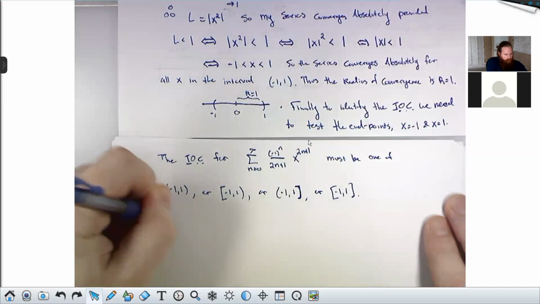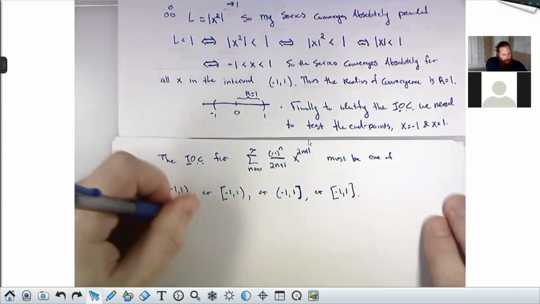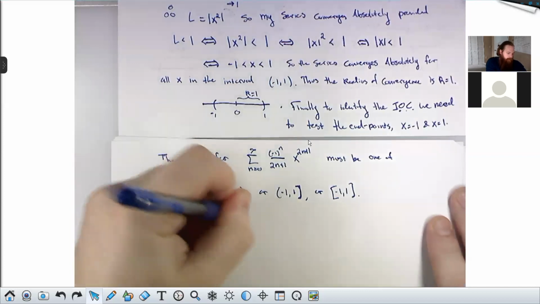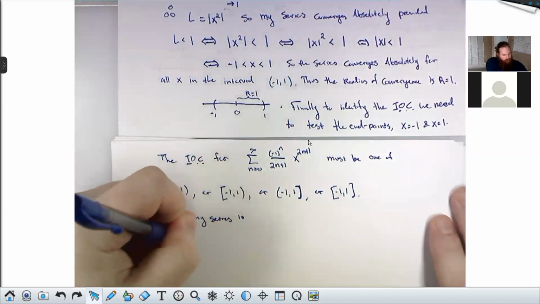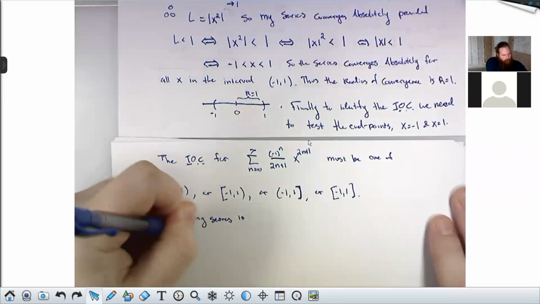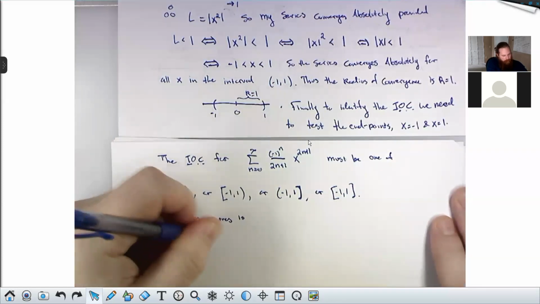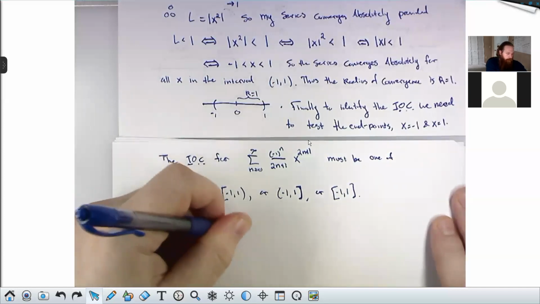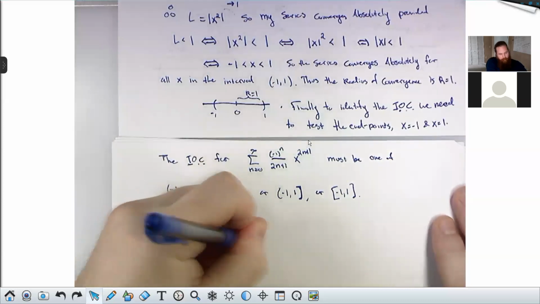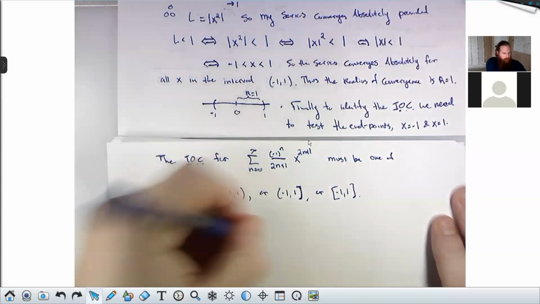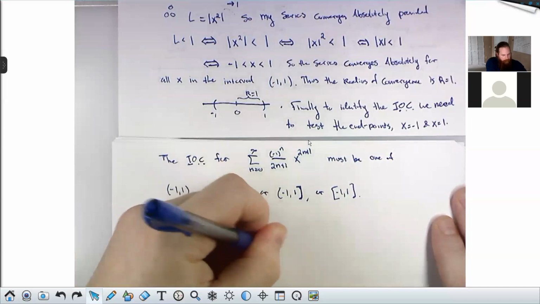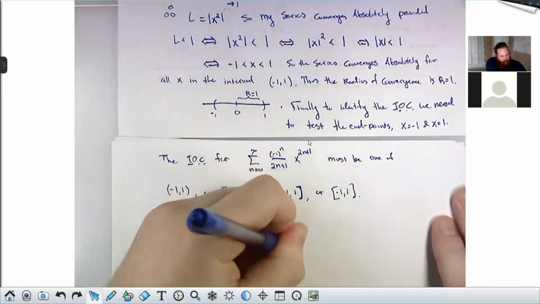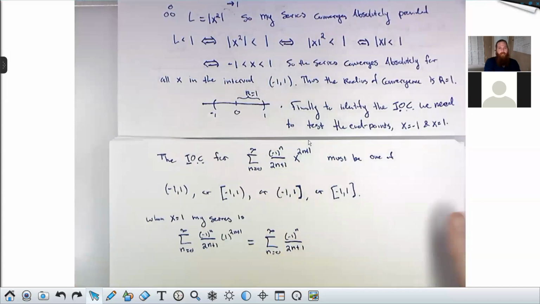So when x is equal to 1, my series is the sum from n from 0 to infinity of (-1)^n over 2n plus 1 times 1 to the 2n plus 1. 1 to the 2n plus 1 is 1. So this is the sum from n from 0 to infinity of (-1)^n over 2n plus 1.